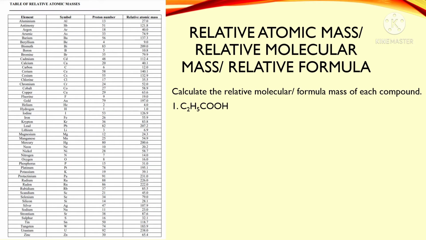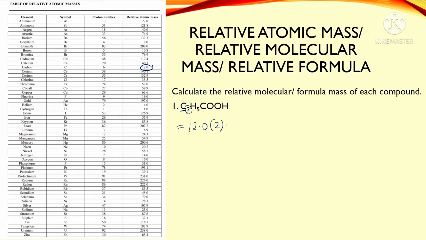We shall look at the first example on how to calculate the relative molecular mass of propanoic acid. Again, to calculate the relative molecular mass, we need to sum up the relative atomic mass of atoms present in the molecule. So in the propanoic acid, it consists of carbon, and from the table, we can see that carbon, the relative atomic mass is 12. So 12, and there are 2 carbon here, so times 2.